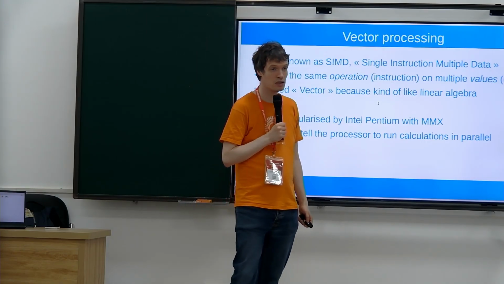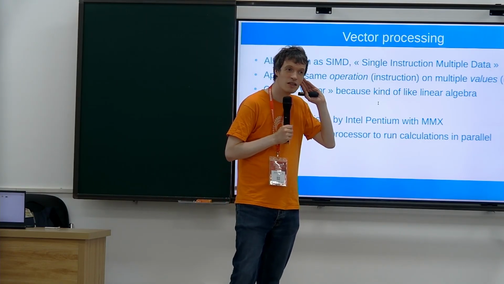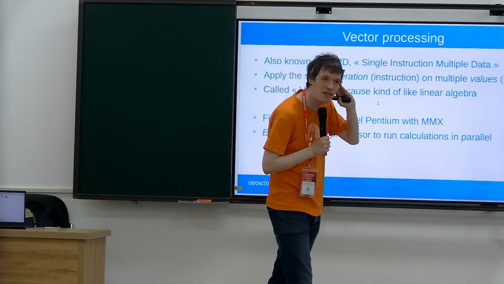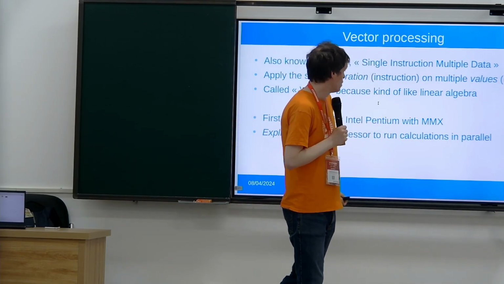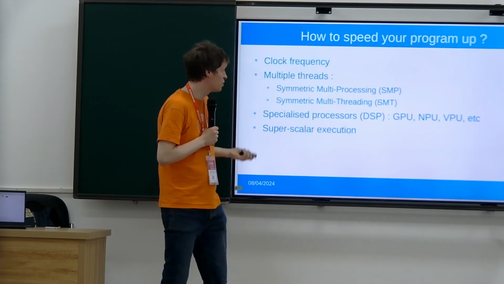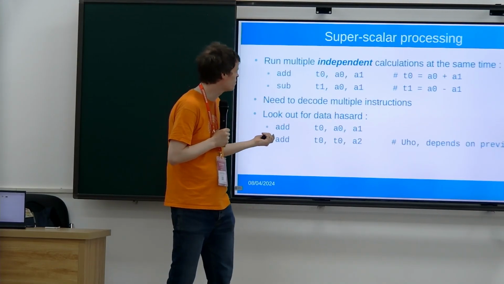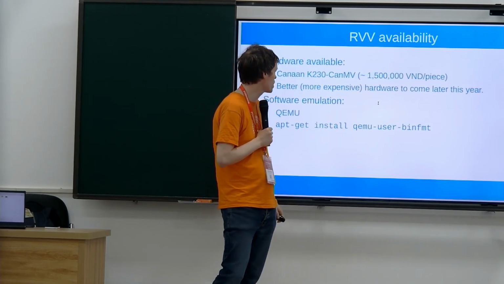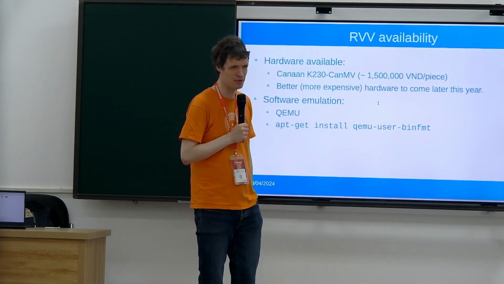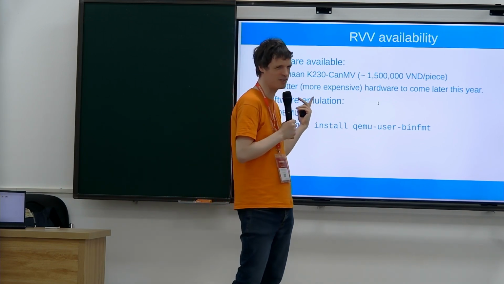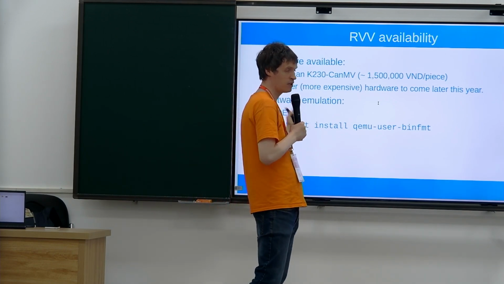Yes? How many cores? So this hardware has one vector-capable core and one non-vector-capable core. So it has 2 cores, only one of which has vector support.